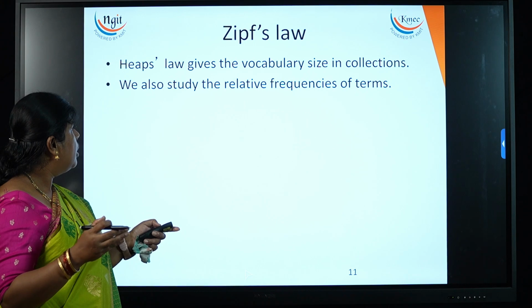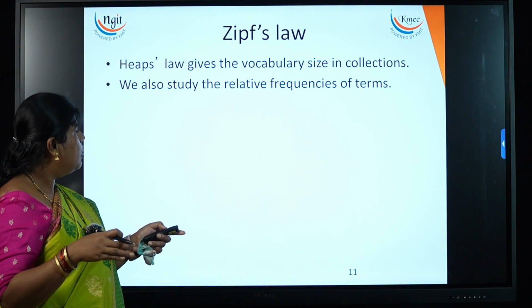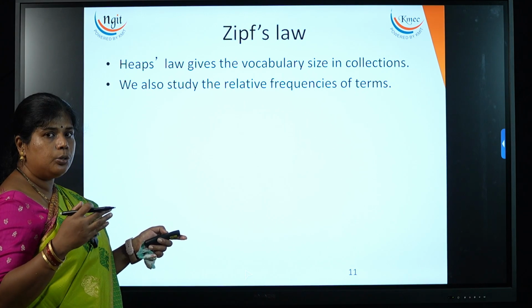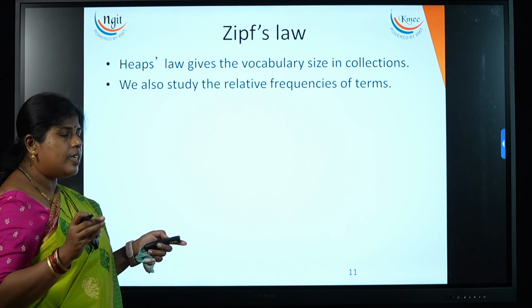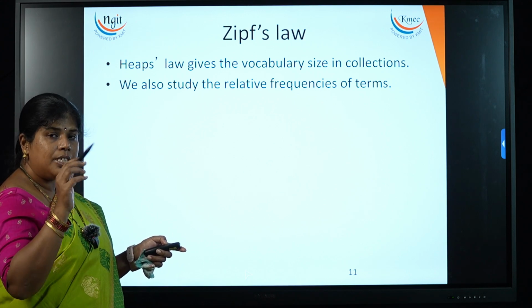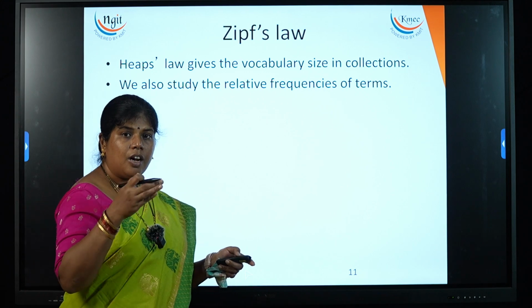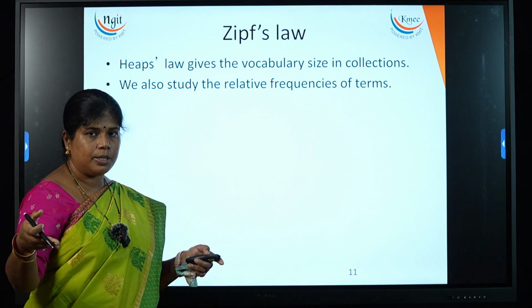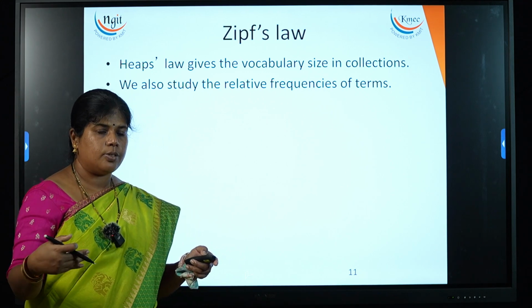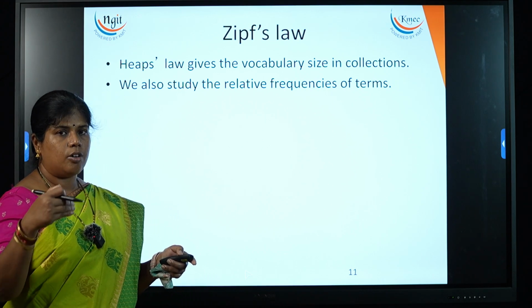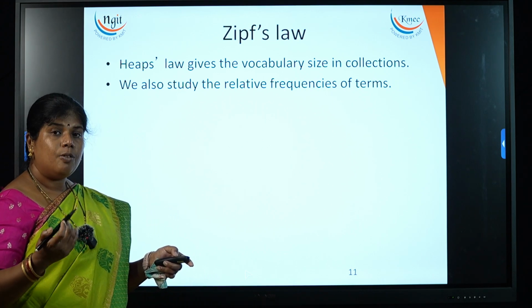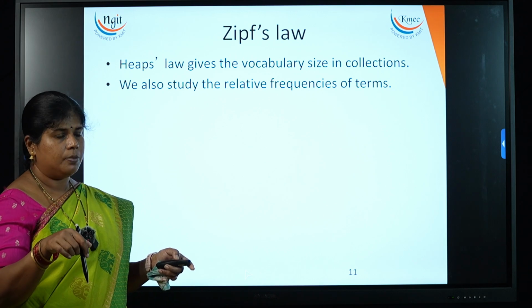Now, in the other law, we want to relate the frequency of the terms. In Heaps' law, you saw how many distinct words are present, the count of your words, your terms, your tokens. But here, the frequency of that term will be considered.